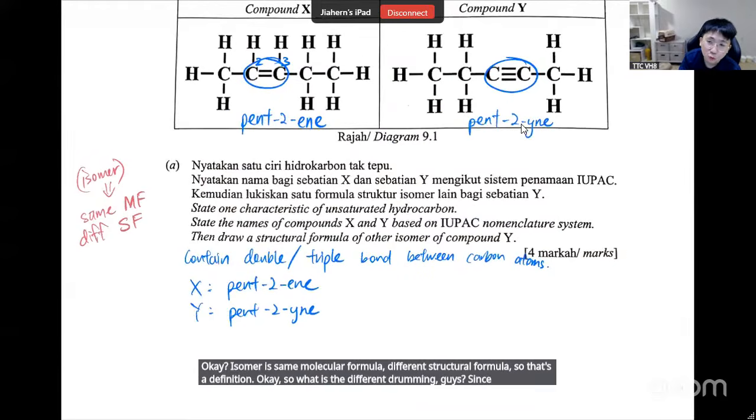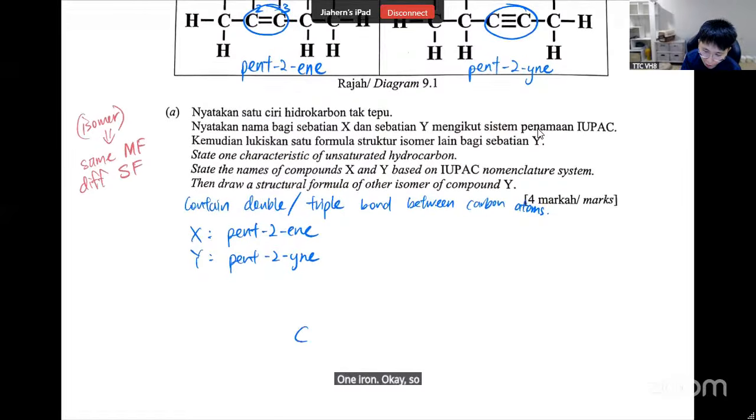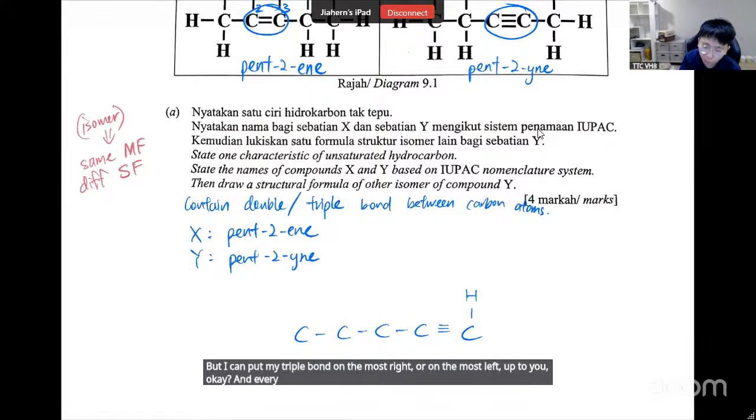So what is the different drawing, guys? Since they can have pent-2-yne, I can have pent-1-yne. So my drawing for here is 1, 2, 3, 4, 5. But I can put my triple bond on the most right or on the most left, up to you. And every carbon must have 4 bonds, guys.